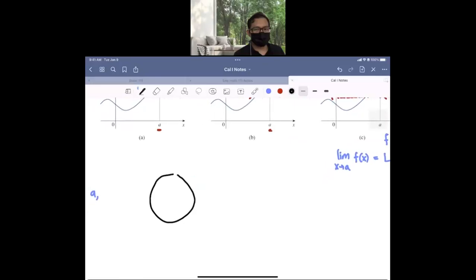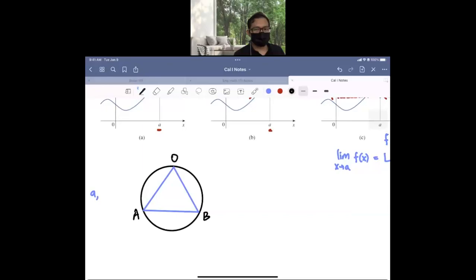Let me draw a circle, and draw a triangle. Let's say I have points A, B, and O.